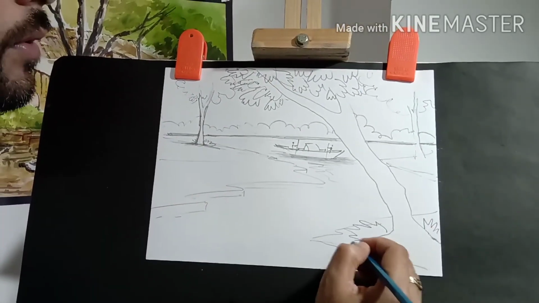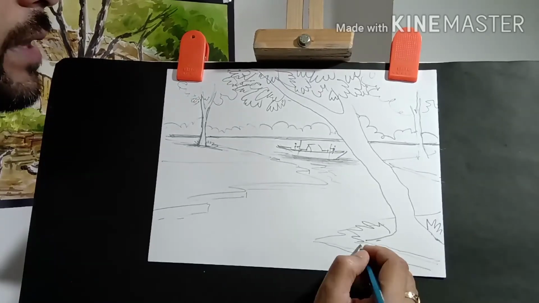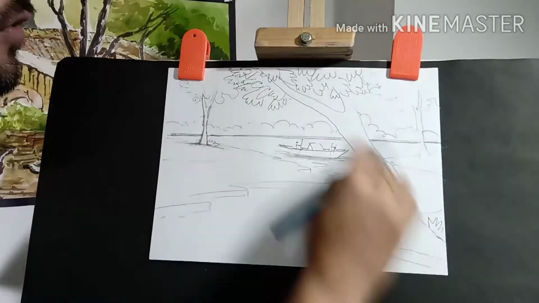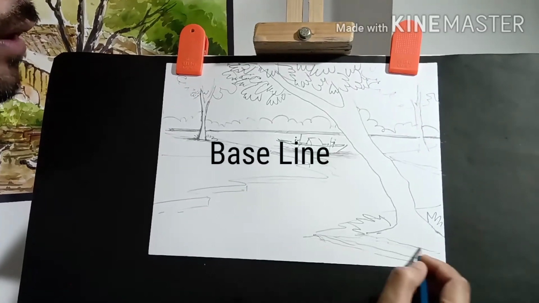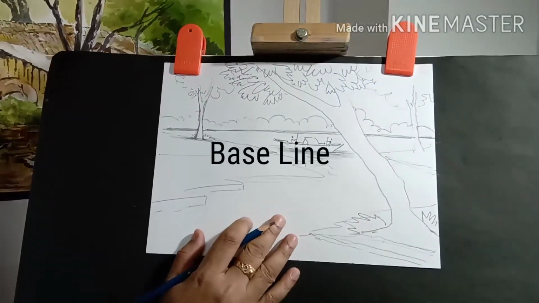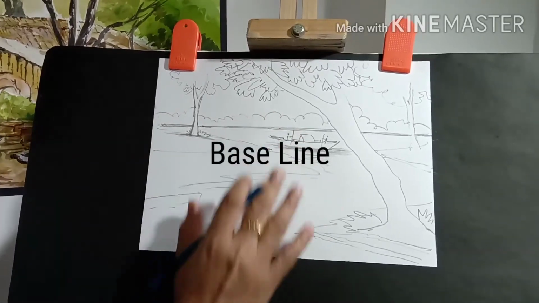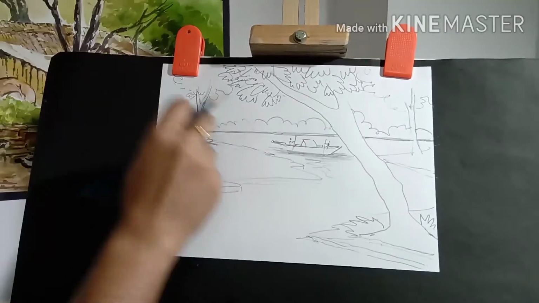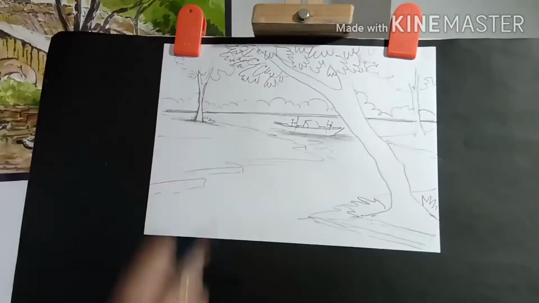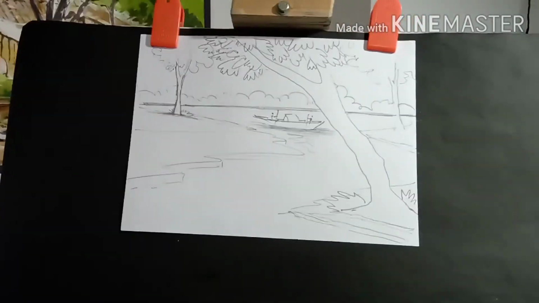And similarly here also we can see some line. This tree also touches the land. It is also called baseline. So now I think everyone is clear about baseline and horizon line, and we can also call this the vanishing line, and vanishing point.